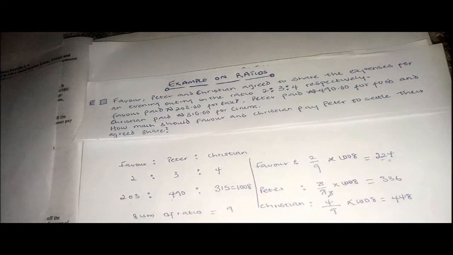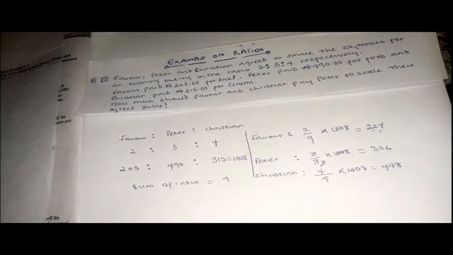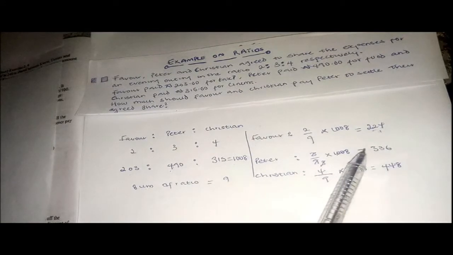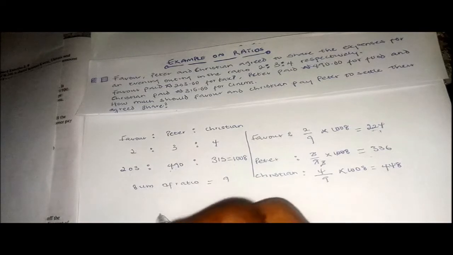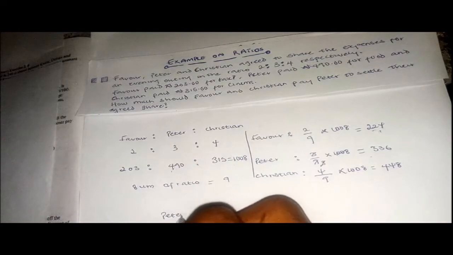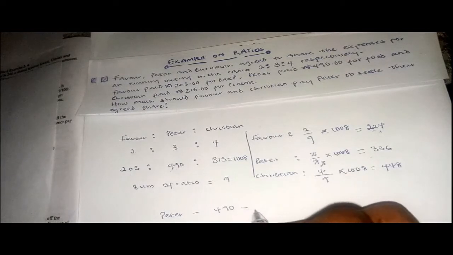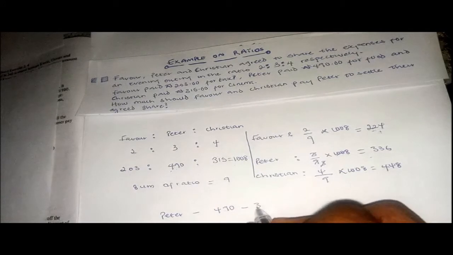So now let's look for how much Peter is being owed, and we're going to do that by finding the difference between what he was supposed to spend and what he actually spent. So for Peter, the difference between his expenses and what he was supposed to spend is 490 minus 336.